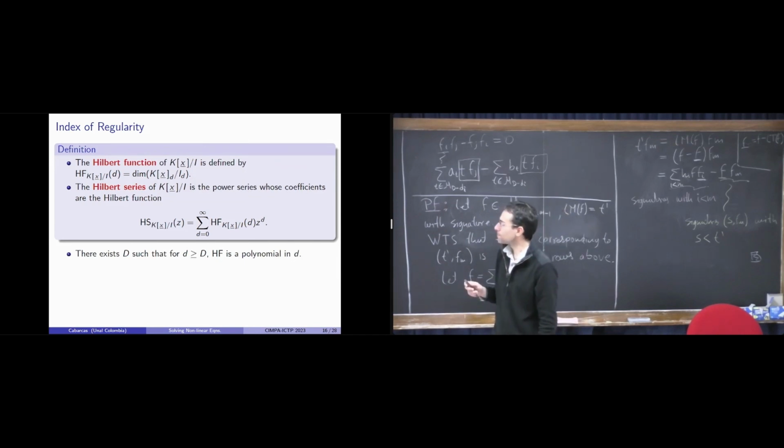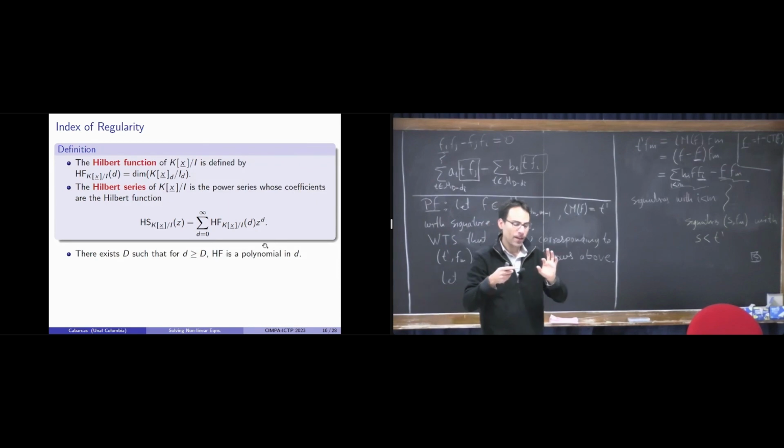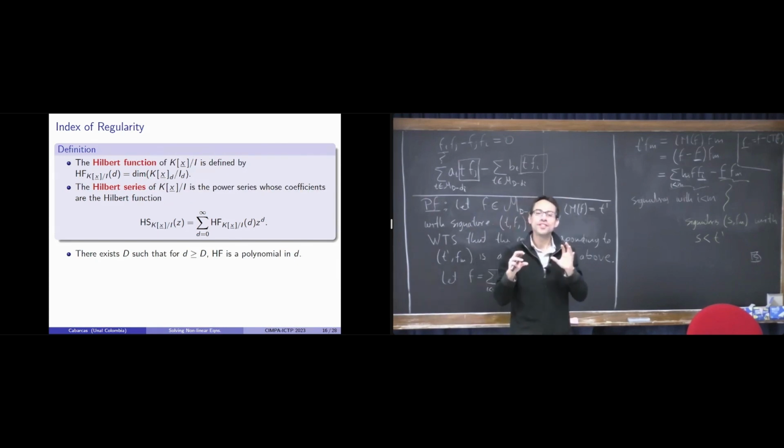And here's the thing. There's an important theorem that says that there exists a degree D such that for every degree larger or equal to D, the Hilbert function is a polynomial in D. So it's saying that starting at some degree, the growth of the Hilbert function is stable. And this is precisely when we reach a Groebner basis.